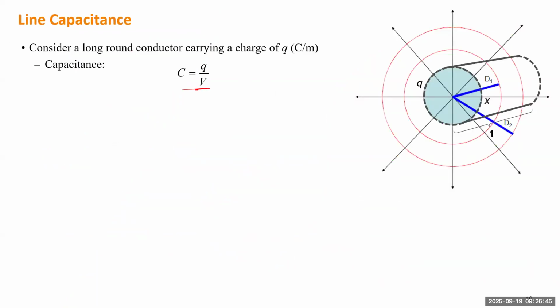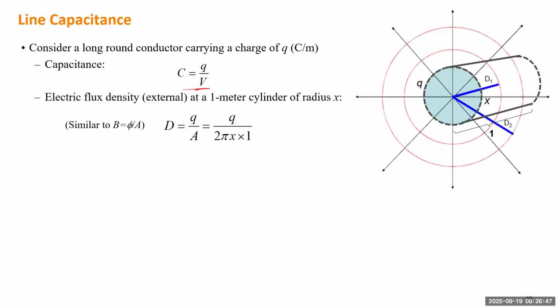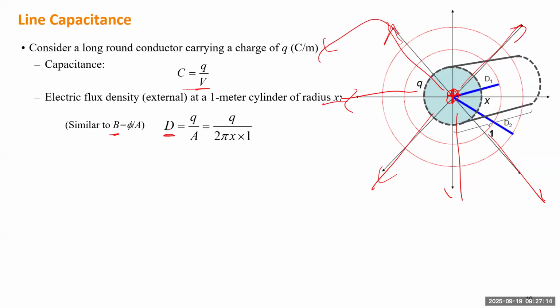Okay, so we start from the definition of a capacitance, and then we define the electric flux density. Electric flux density, usually we call it D. Assume there's a positive charge inside. The positive charge will have flux going away to infinity if there's no other negative charge. But if there's a negative charge, that flux can be changed, right?